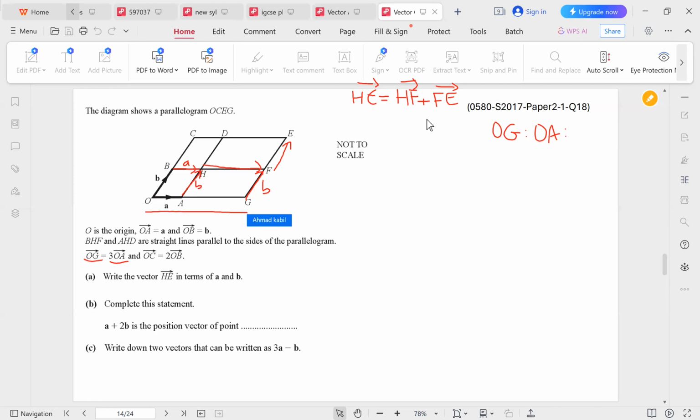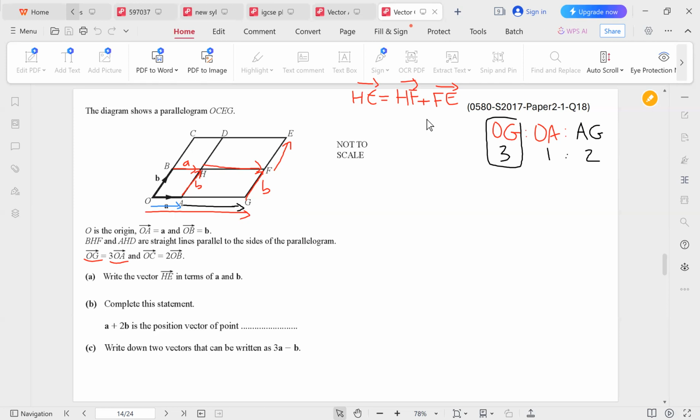So this is OG, and OA is this part. So the missing part here would be AG. But instead of adding, as we normally did, now we're going to subtract, because OG is the big vector. So if OG is 3 and OA is 1, the remaining part AG is going to be 2, because here the total is already given, which is OG.